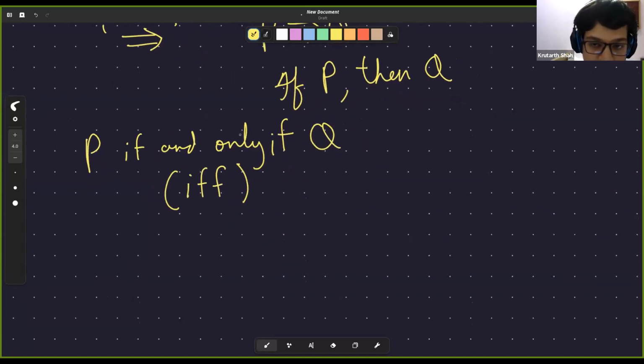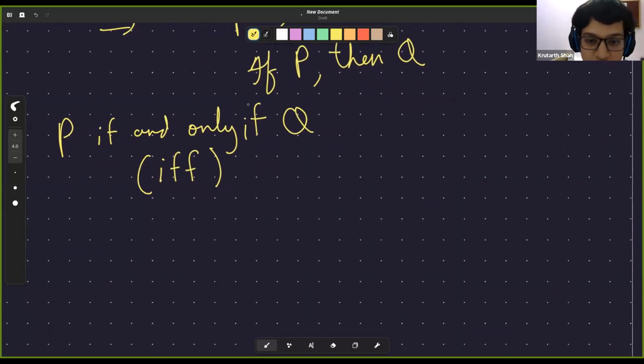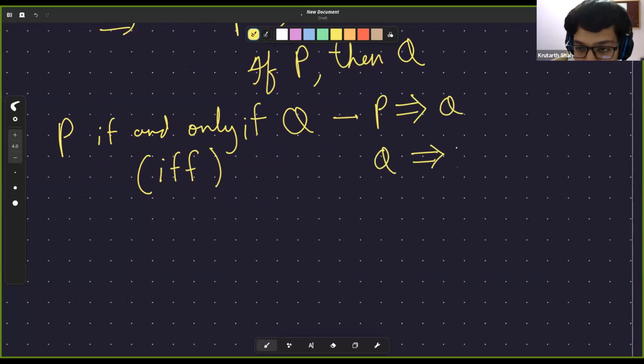So in this case, there are actually two statements which we have to show. We have to show first P implies Q and then Q implies P, right? So this is the sort of thing you might see on an Olympiad problem, like you want to show this is true if and only if something else is true.